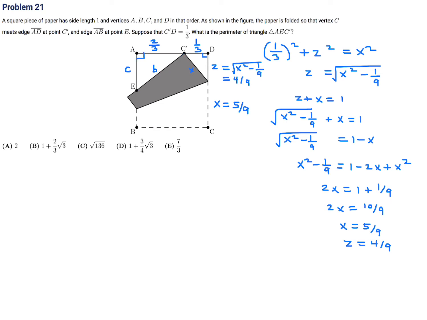Now again, we've got a Pythagorean relationship: C squared plus 2/3 squared is equal to B squared. And the perimeter that we are in search of is 2/3 plus B plus C, right? It's the perimeter of this triangle AEC prime.